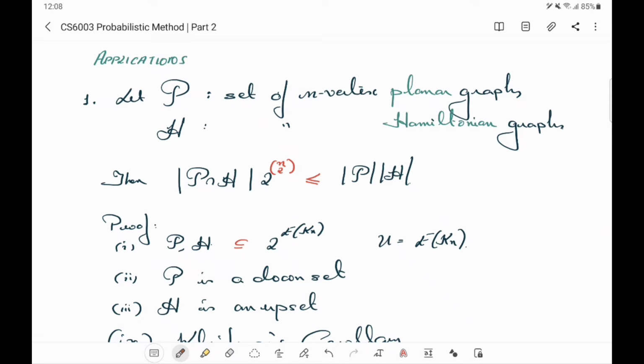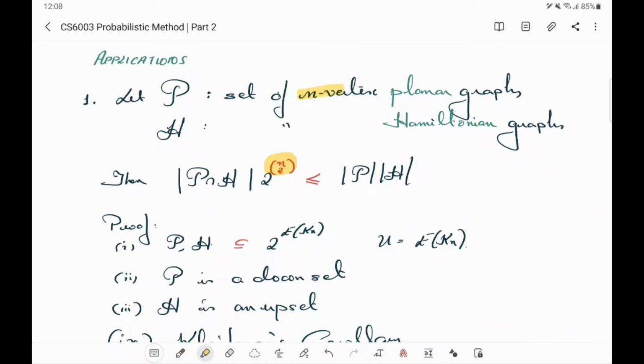Okay, and now the only other thing that I want you to pay attention to is the size of the domain. The domain is the power set of something. What is the size of that something? That is not n, but it is n choose 2, because we should think of these as subsets of edges of Kn.